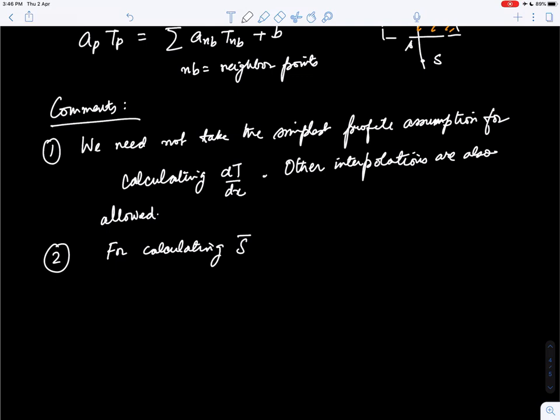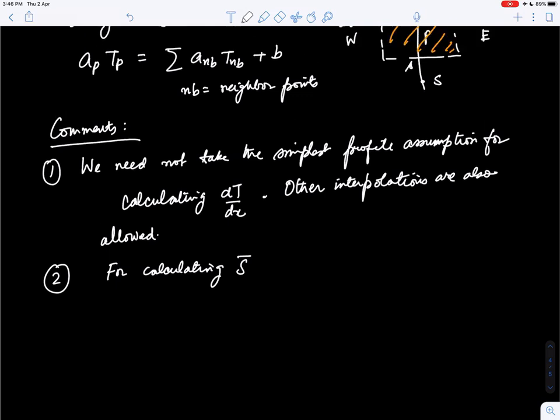If it's a constant, there is no issue, but if it depends on temperature, then we would have to break it down into some form where it can be easily integrated. So for calculating S bar, we need not assume that T varies linearly between grid points.